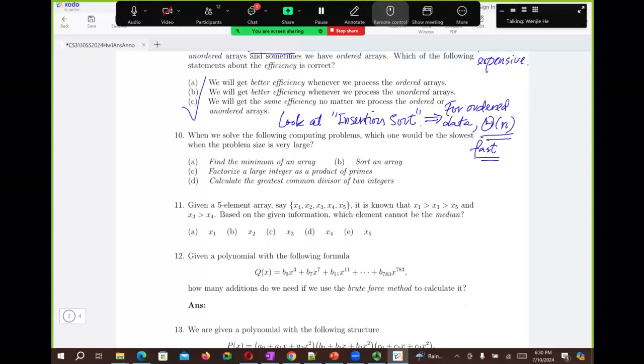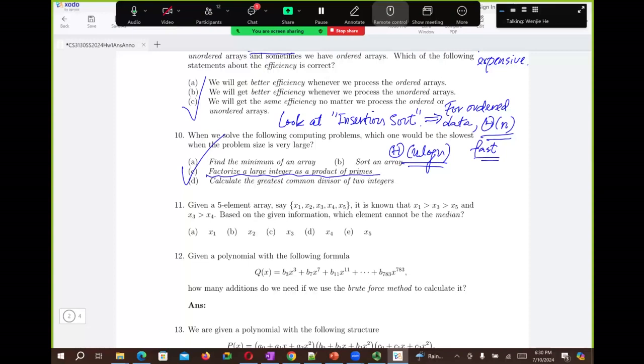Answer C. I only see 1 or 2 students missed. One student selected option B. To sort an array, we know people can use n log n. It is not too slow. But for factorization, it is extremely slow.